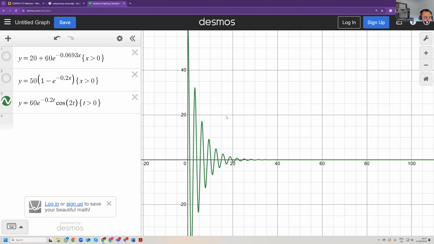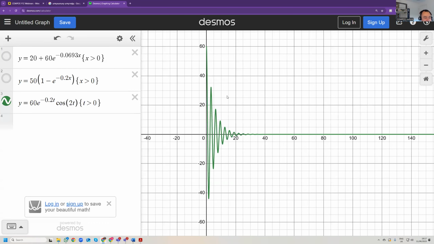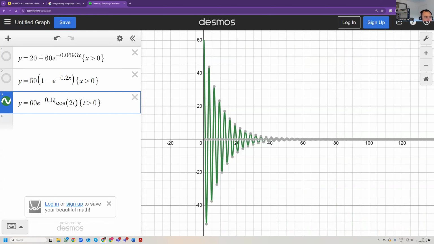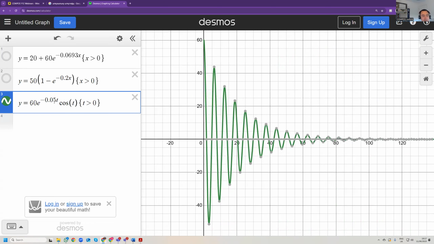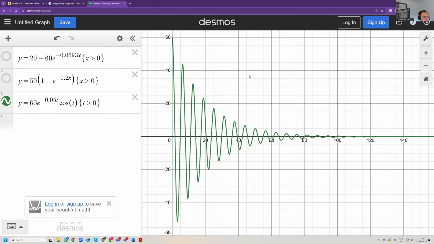I think it's too complicated for an admission interview. They would be more interested in more basic stuff. Maybe this, 0.1, 0.5 cos t. Oh, beautiful. This is a damped oscillator.